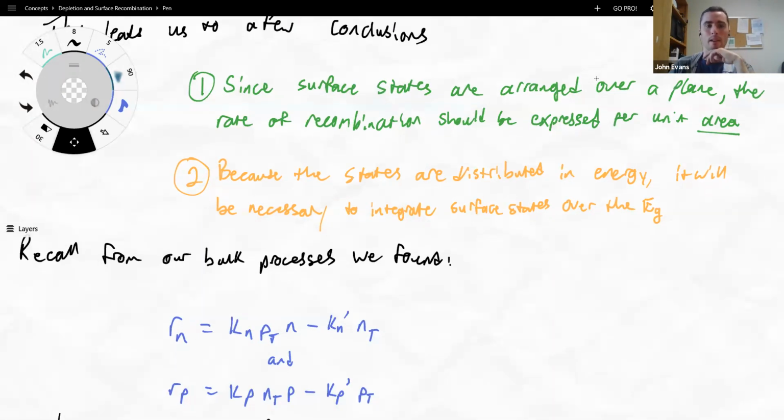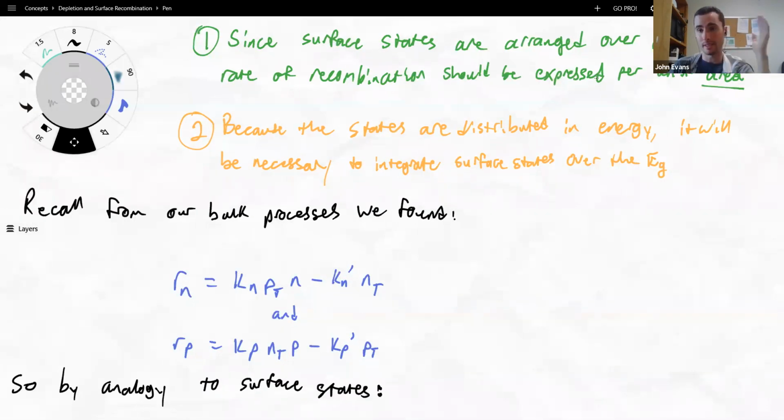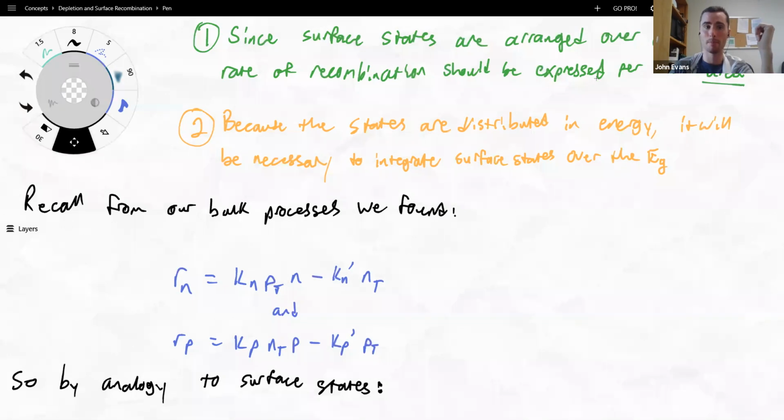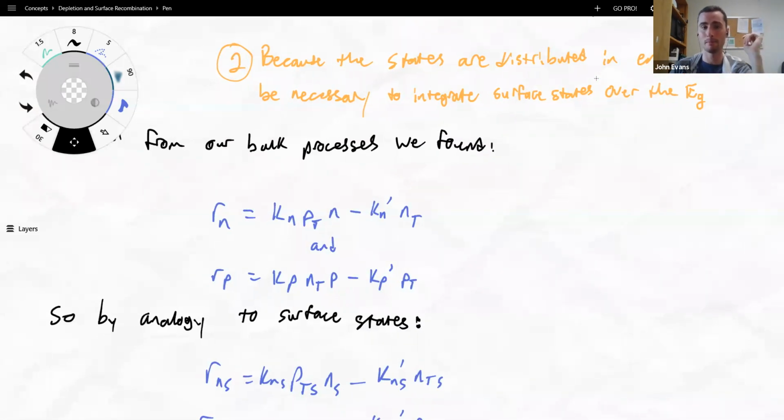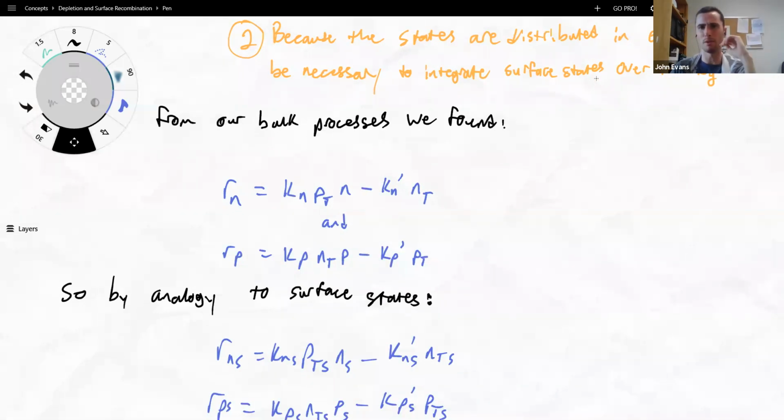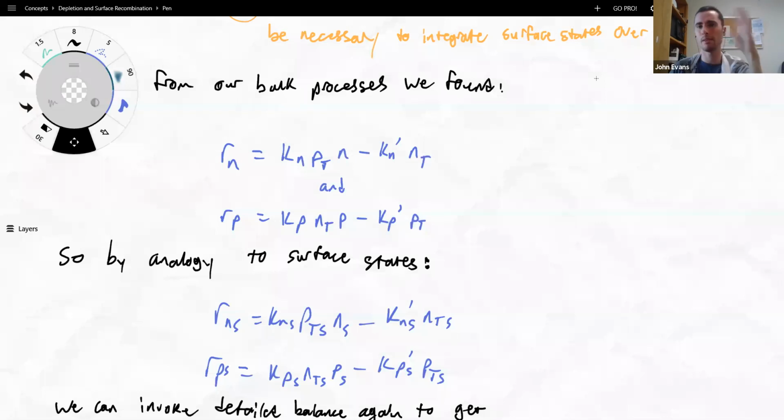All right, so let's get into the math. From our bulk processes last time, we found these recombination rates, Rn and Rp. So review that if you don't remember exactly what these are. And then we're going to say these work pretty much the same at the surface, but we're going to start playing around with a few assumptions here.